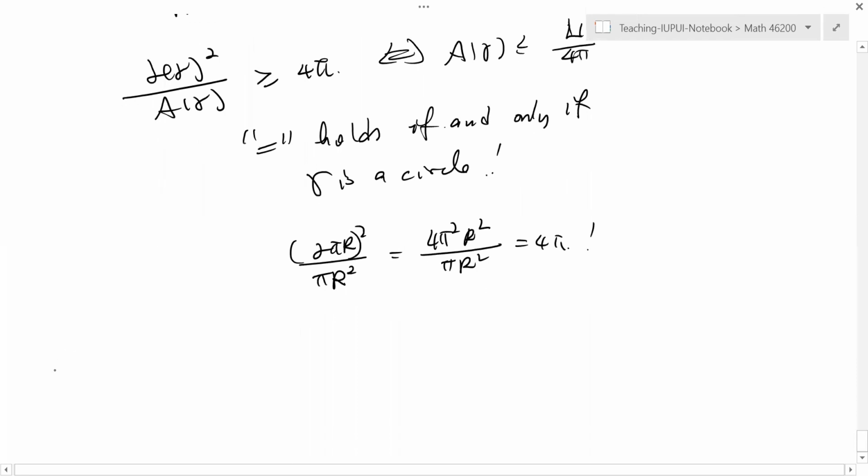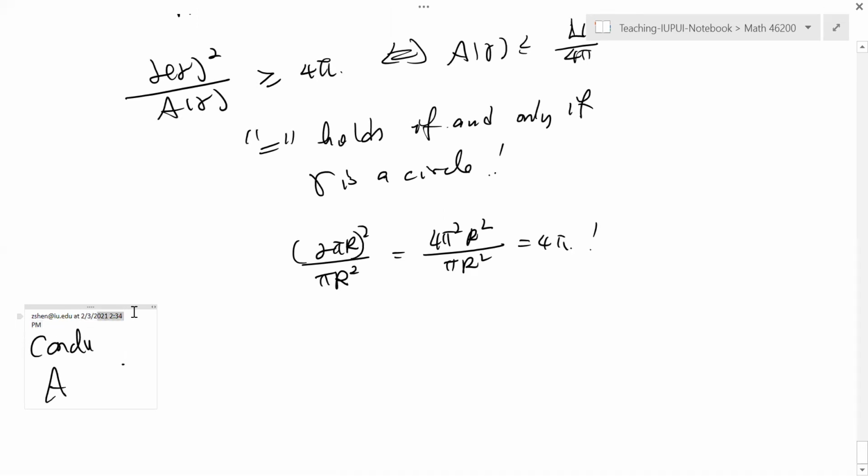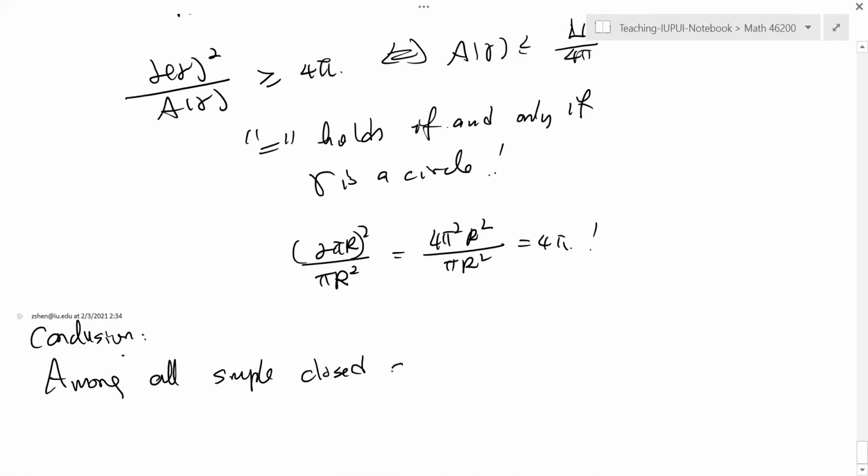So you can conclude that among all simple closed curves with a fixed parameter, right?